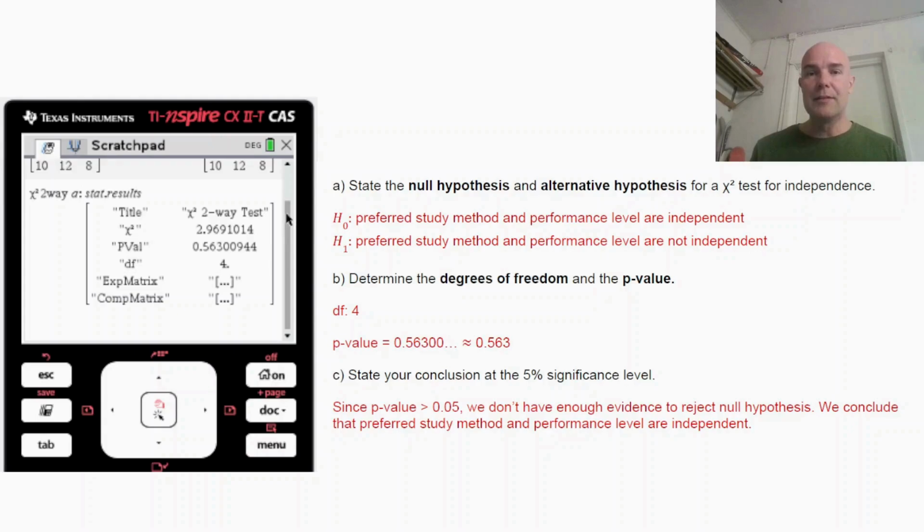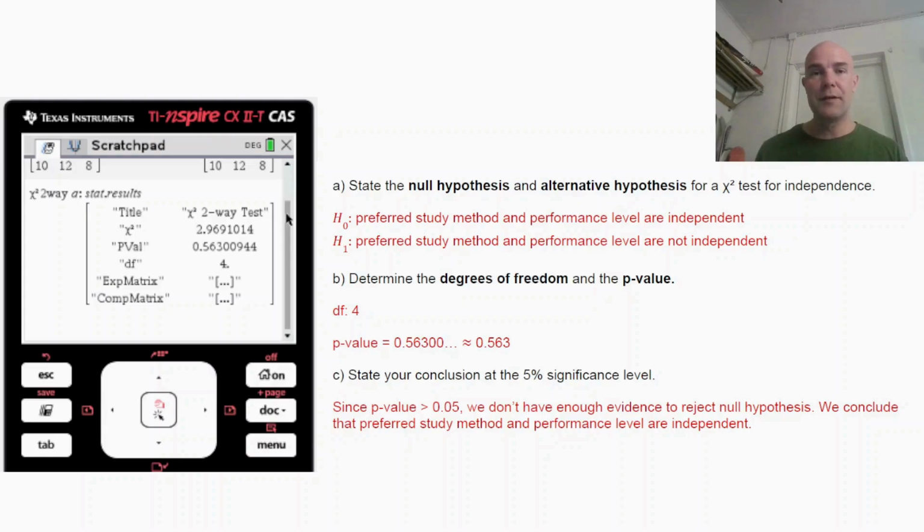The null hypothesis, in this case, is that preferred study method and exam performance level are independent. And the alternative hypothesis is that they are not independent. Make sure that you answer your question clearly, writing down those two quantities we have in our question.